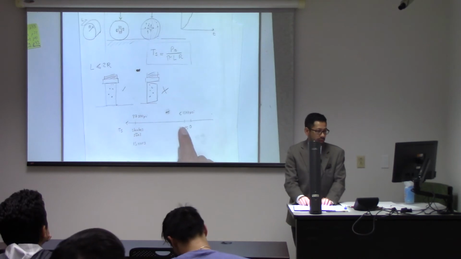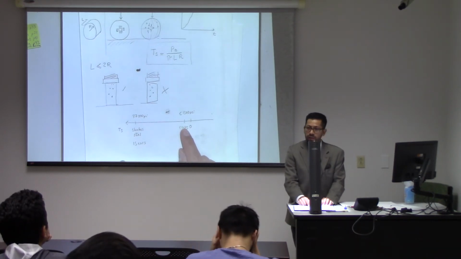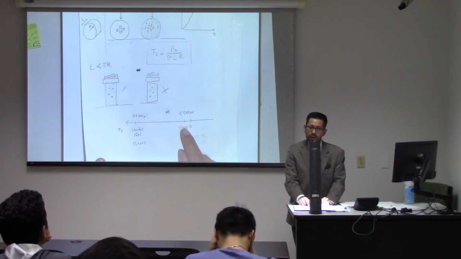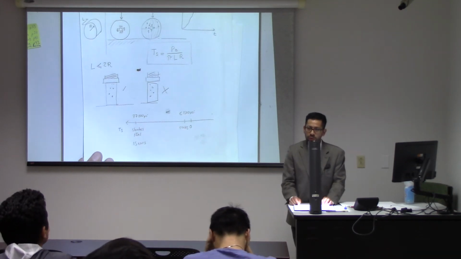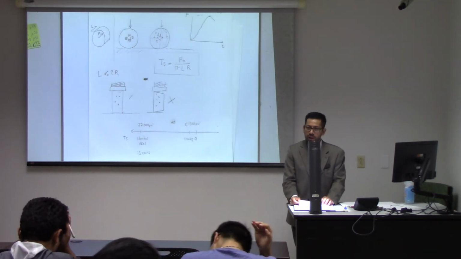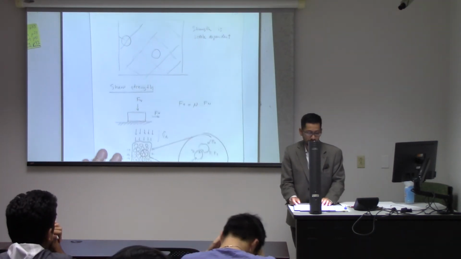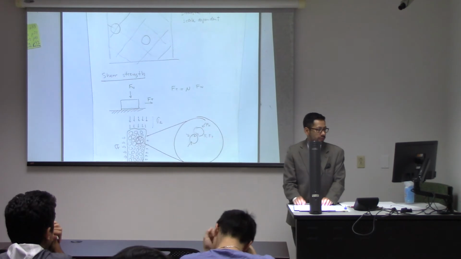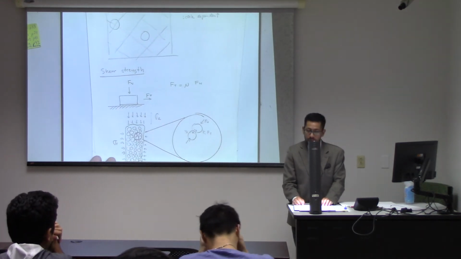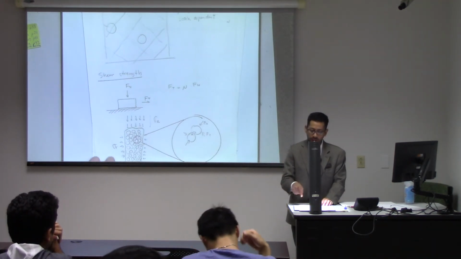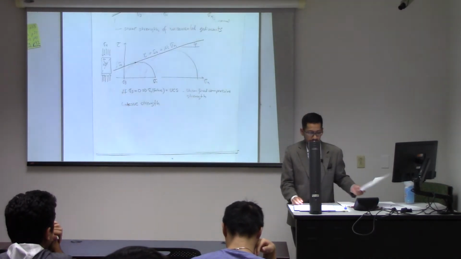Remember, a very good rock will resist about 1 or 2 longhorns in a rod of 1 inch. And we also talked about shear strength of rocks.